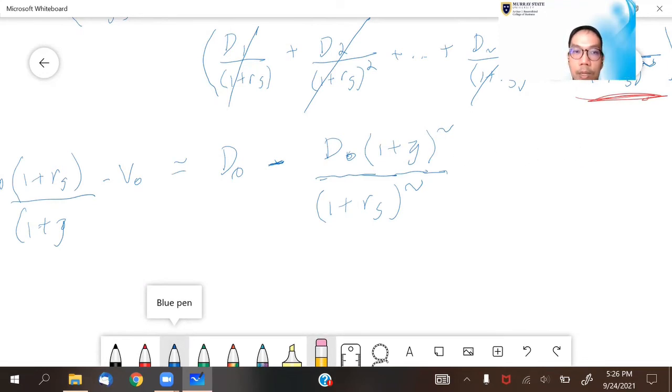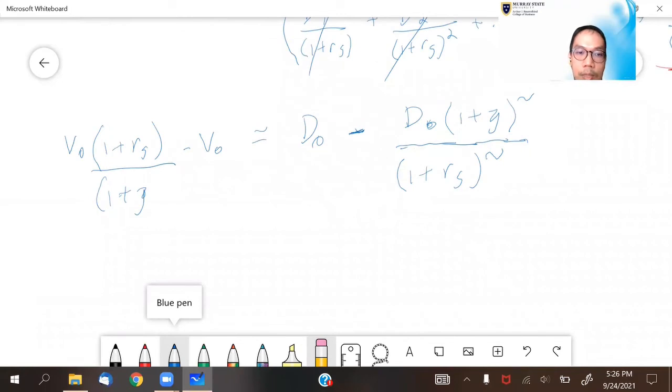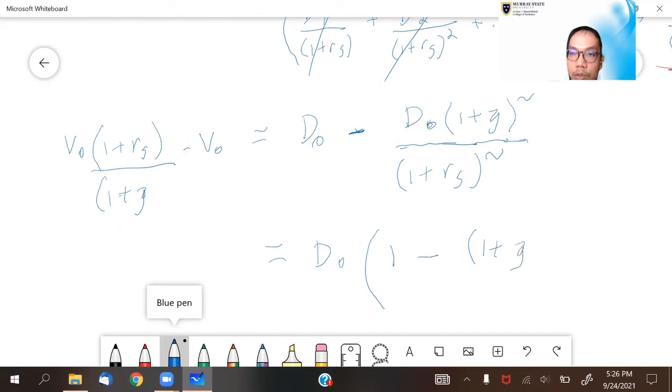Can write it this way. So you can imagine that we have D0, so we could write it this way. D0, D now, 1 minus 1 plus growth rate to the power of infinity divided by 1 plus required return by stockholders to the power of infinity.